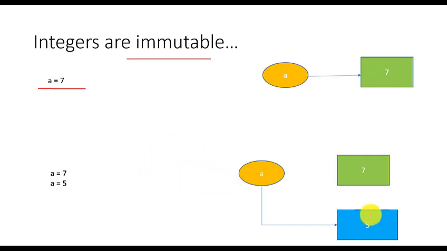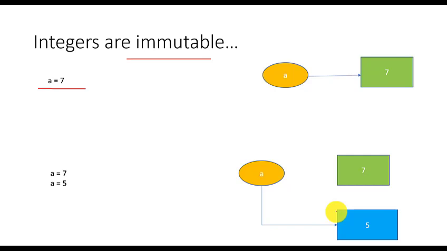So as you noticed here, the memory block with value 7 was not updated for the new value 5. Rather, a new memory block was allocated with the value 5 and the variable a started pointing to this. This is the immutability property of integer variables. And this property is applicable to float and boolean variables as well, which we will discuss in the upcoming chapters.